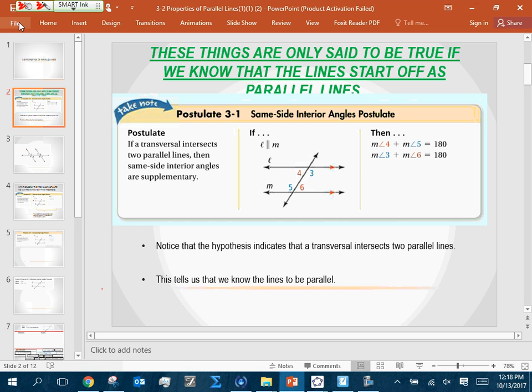We're going to use that information to help us develop the rest of the theorems in this section. But the key thing is that you have to have that information be true first. You have to have parallel lines. You might hear me say the word cuts instead of intersects, and they mean the same thing.